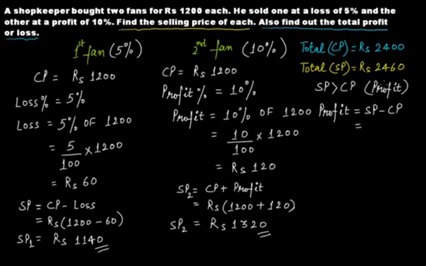That is rupees 2460 minus 2400, and you get rupees 60. This is the total profit that you make when you combine the selling of these two fans together. Doesn't matter, here you make a loss and here you make a profit, but finally you are actually making a profit of rupees 60 despite this loss.